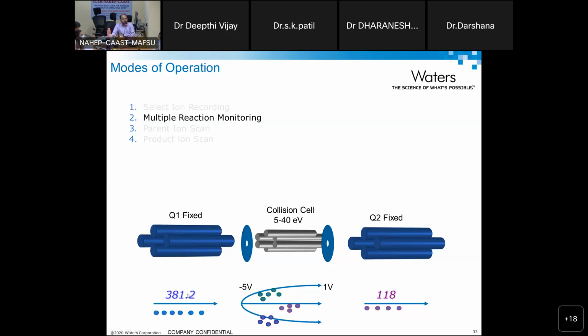This ion will then move to the collision cell, wherein collision induced dissociation will happen with the help of argon gas, and the fragment ions or daughter ions will be formed. Out of these daughter ions, you can select a particular daughter ion for further monitoring. Okay, so that's why it is called multiple reaction monitoring.